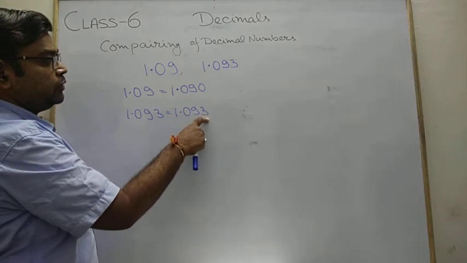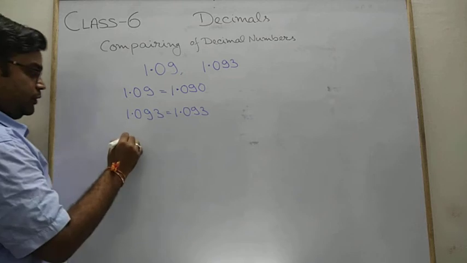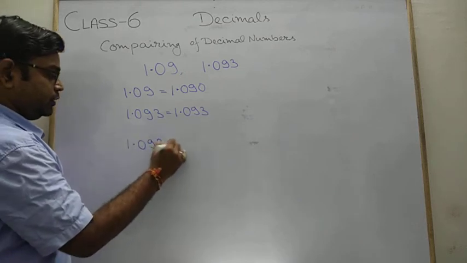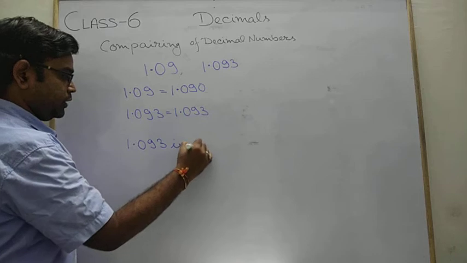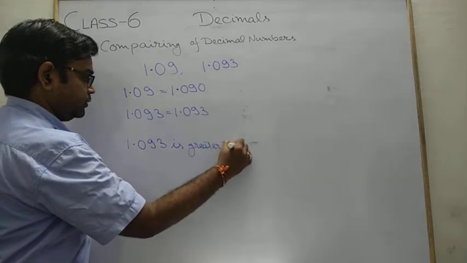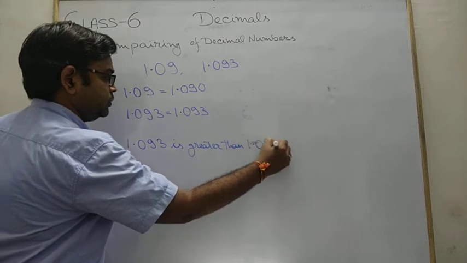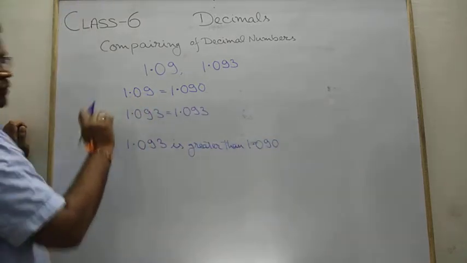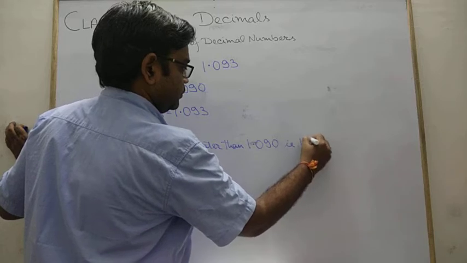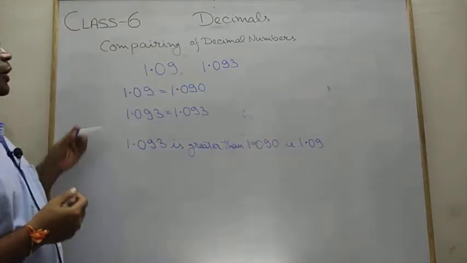So between 0 and 3, 3 is greater. So here we can write 1.093 is greater than 1.090, that is 1.09. Likewise, you can solve.